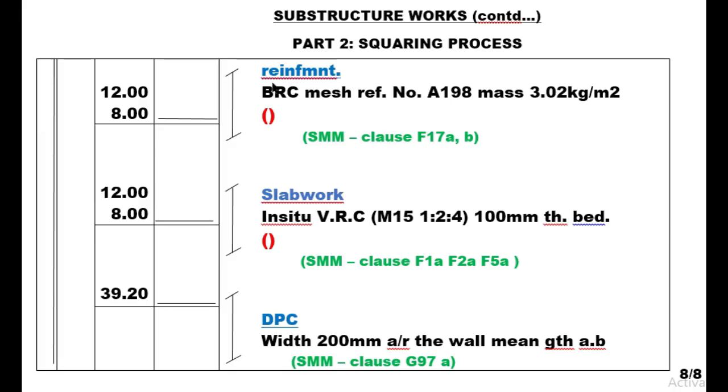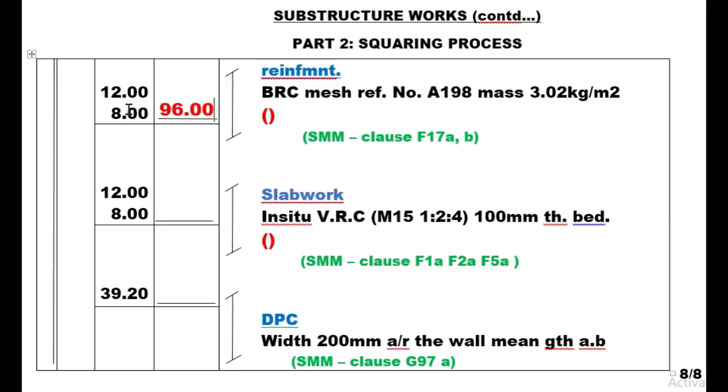To the 16th item, that is the reinforcement, this one that is being done to this slab work. Explanation will be BRC mesh reference number A198, mass 3.0 kilograms per square meter. So if I have to get the total mass of this mesh, first of all I square the area. So if I square the area, I'm getting 96.00 square meters.